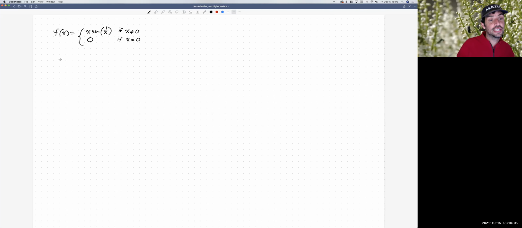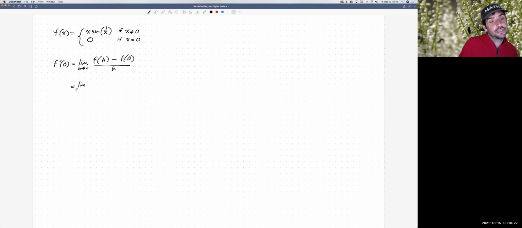And let's just take a look at the derivative. So we want to look at f prime of 0. Take the limit as h goes to 0 of f of 0 plus h, so that's just going to be f of h, minus f of 0 all over h.